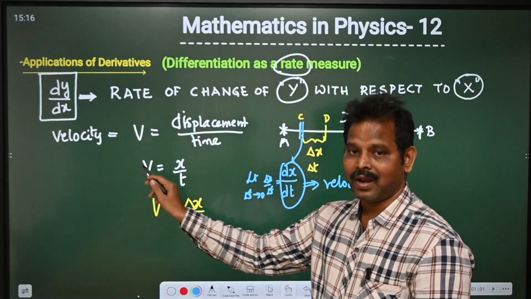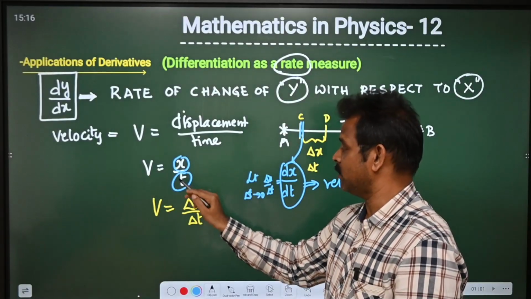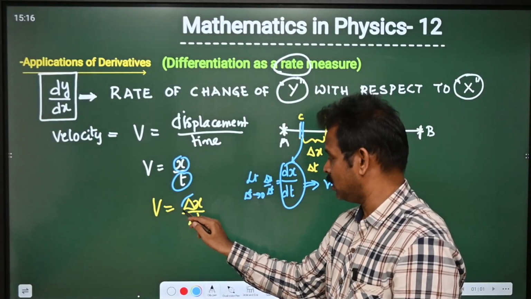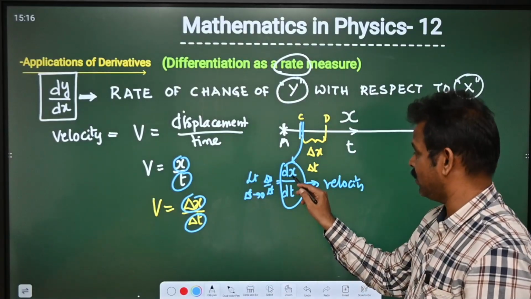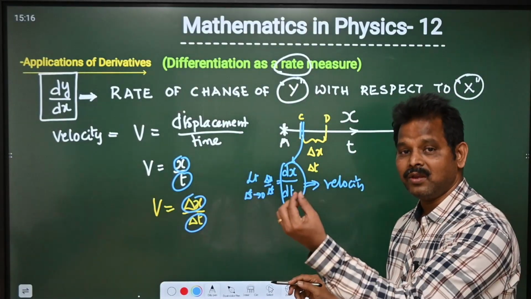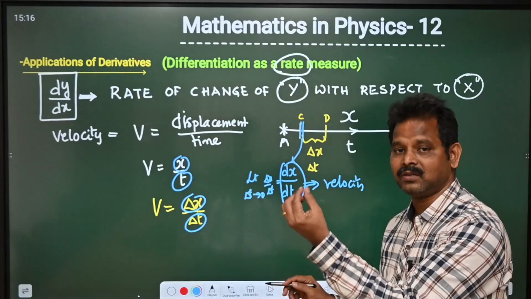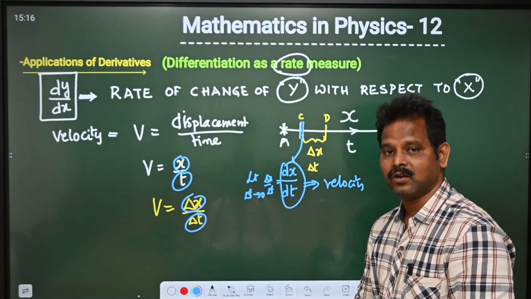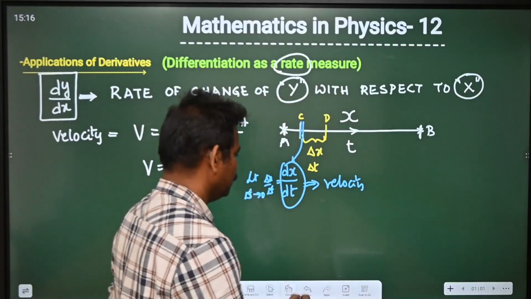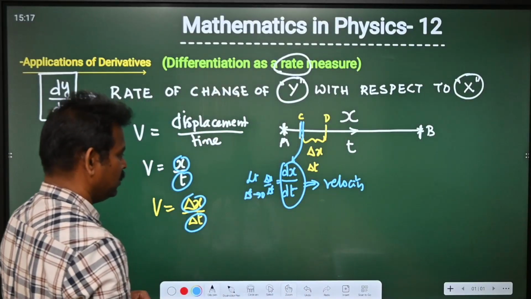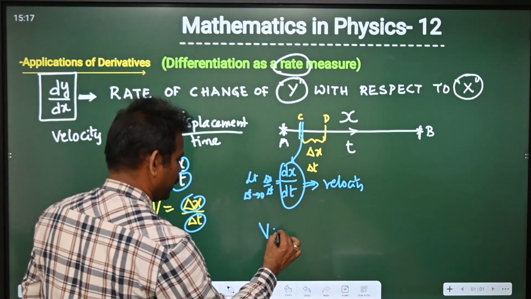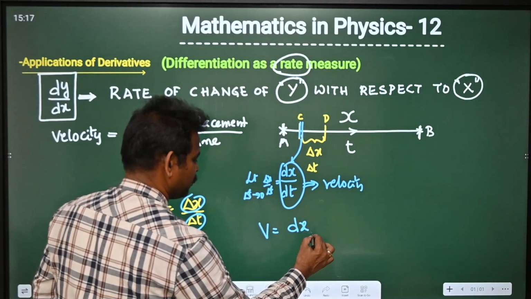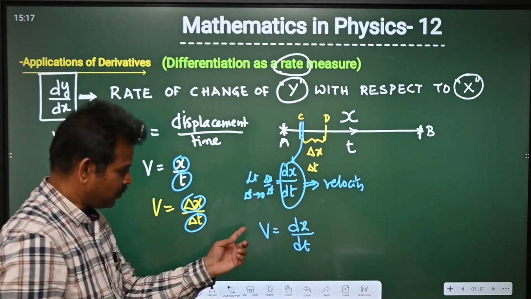So here velocity is total distance by total time. Here velocity is small distance by small time. Here velocity is a very small displacement by the corresponding infinitely small time interval. So in all these cases we will use velocity as dx by dt. What is the meaning of this?